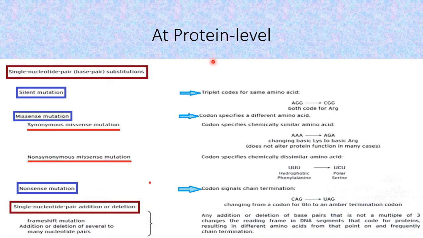Now at protein level, what is the impact of this nucleotide substitution or change in the nucleotide sequence at protein level? Now, if we consider the transition transversion case, so these single nucleotide base pair substitutions lead to either the silent mutation or the missense mutation or the nonsense mutation.